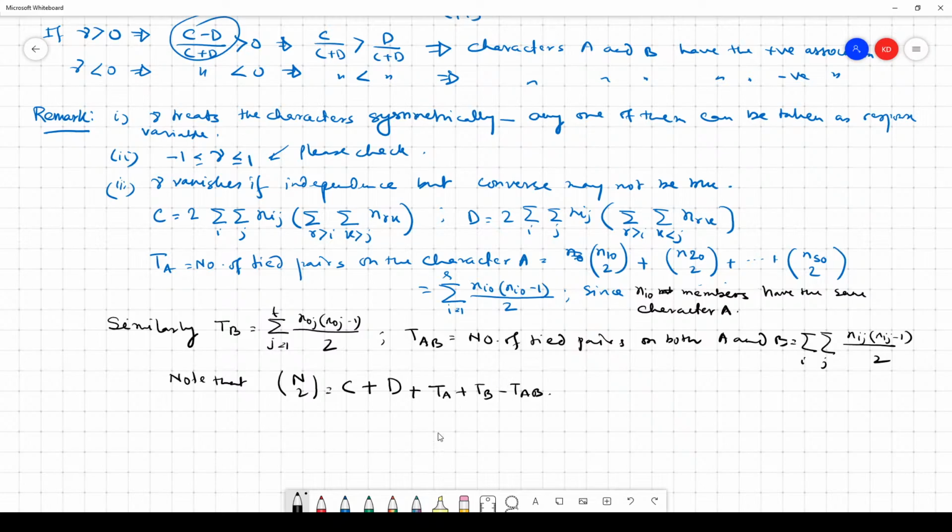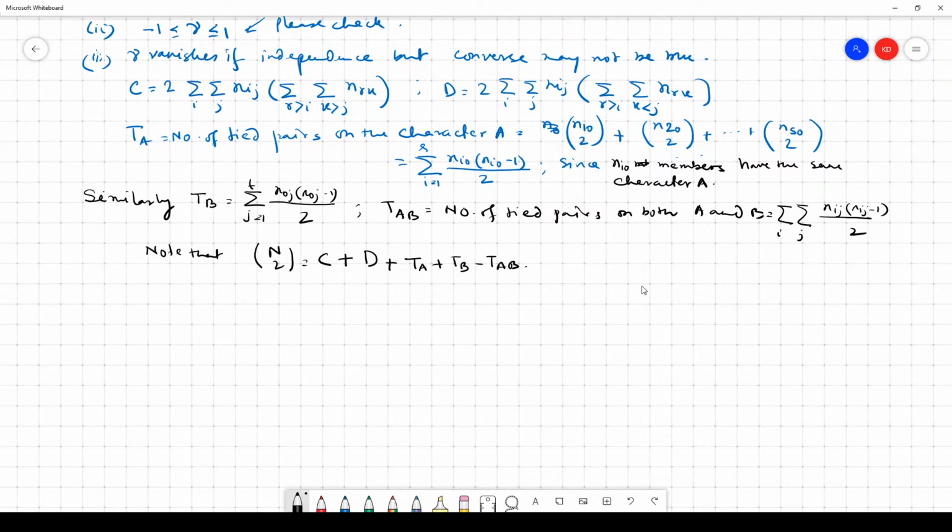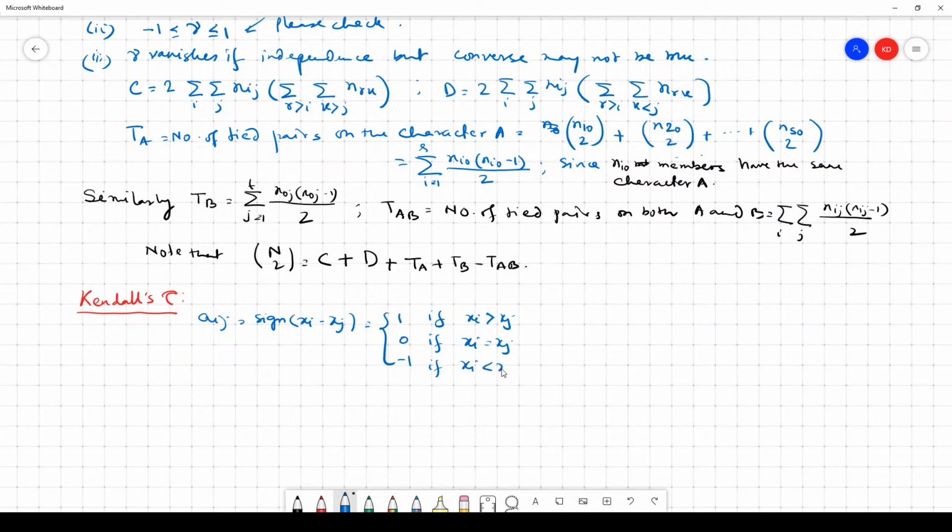Now we consider the Kendall tau. We know A_ij, which is the sign of x_i minus x_j, this function defined as 1 if x_i is greater than x_j, 0 if x_i is equal to x_j, minus 1 if x_i is less than x_j.